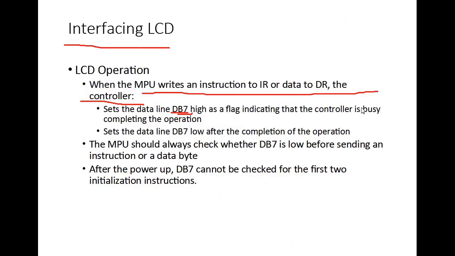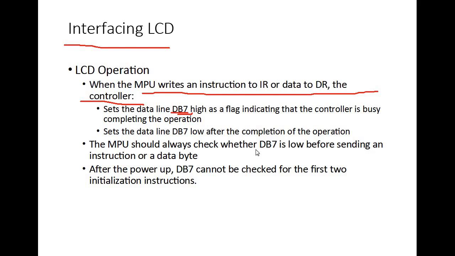If you want to operate the LCD, when the microprocessor unit writes an instruction, the controller sets the data line DB7 high as a flag to indicate that the controller is busy completing the operation. It sets DB7 low after completion of the operation. So we can check DB7 to find whether the operation has completed or not, or we can just use a timing arrangement.